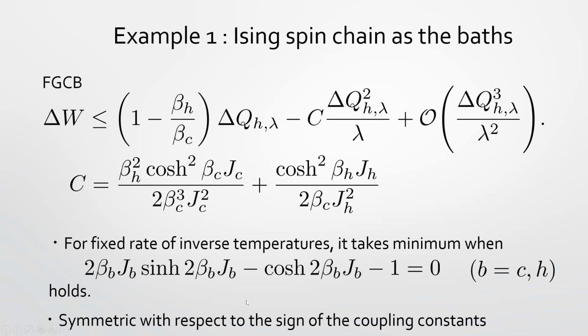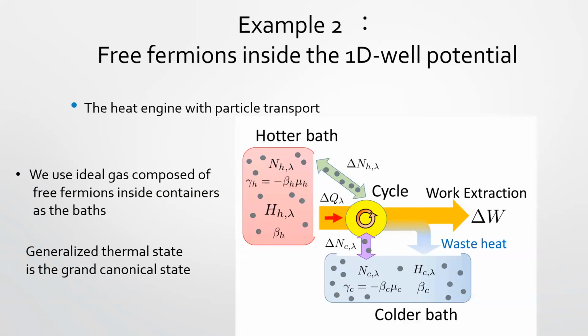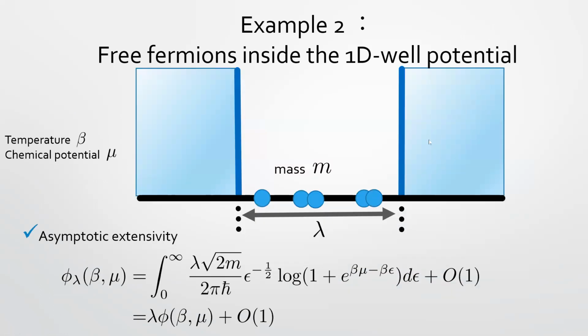And the second example is more practical. This is a free fermion gas inside a one-dimensional well potential. In that case, we have this, and lambda is some scale parameter, the difference between the two wells.